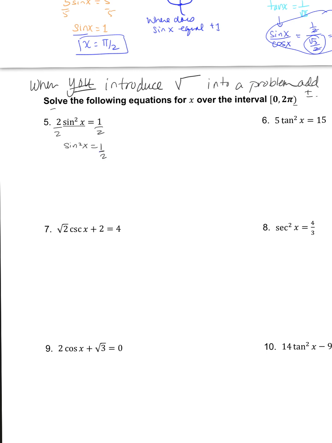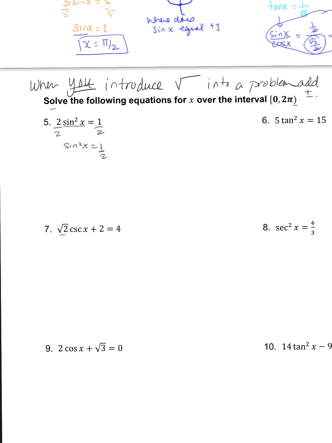So again, if you introduce the radical into the problem, add the plus or minus. If you look at number 7, you'll see that you're not introducing that, it's already in there. So that's what it means. You're not going to take the square root of that, it's already there. So you don't worry about plus or minus.